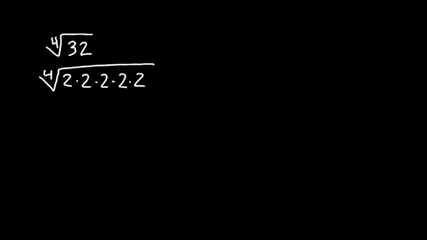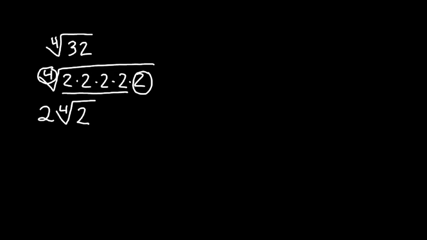Since I'm looking for a 4th index, I see that I have a set of four 2's inside my radical. I can take the 4th root of those four 2's, and they simplify out to a single factor of 2 outside the radical. There is 1 that is left inside, and so that one remains inside my 4th root radical.